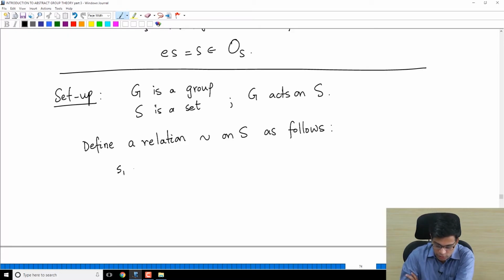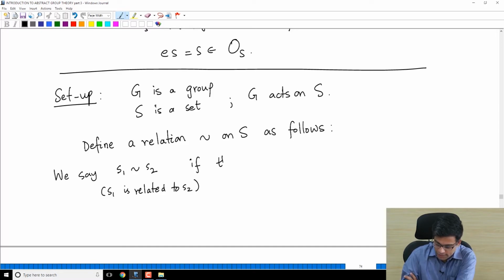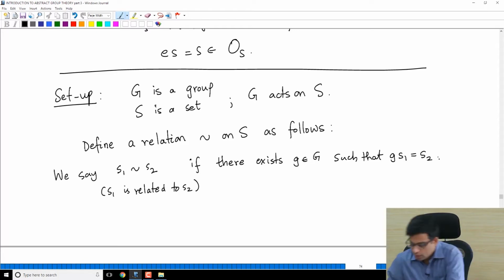We say s1 is related to s2, remember, we read this as s1 is related to s2, if there exists an element in the group G, small g, such that g s1 is s2. Remember, g s1 denotes the action of small g on small s1. So that is how we denote the action.